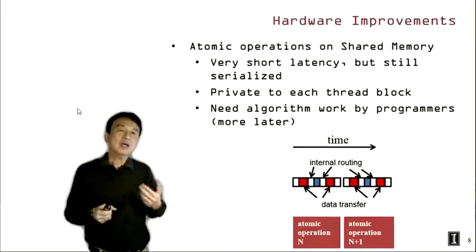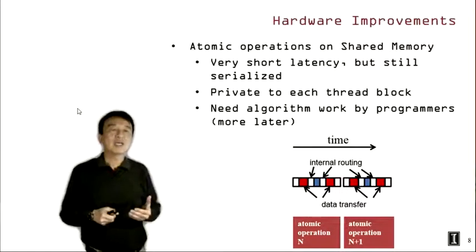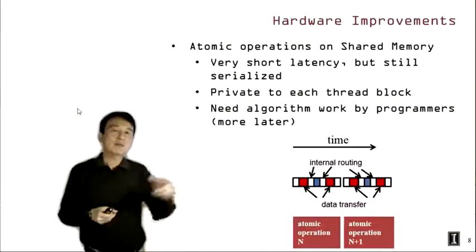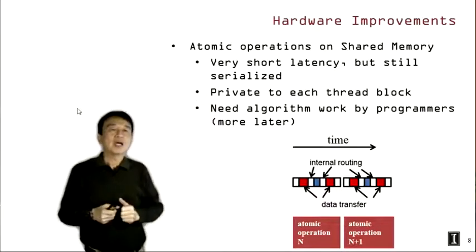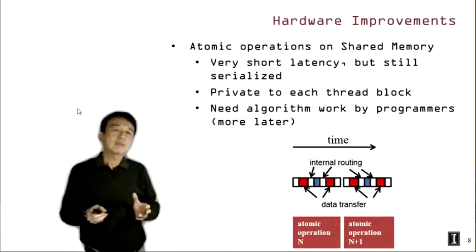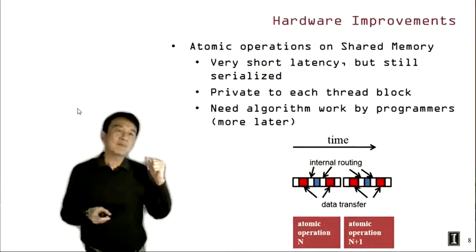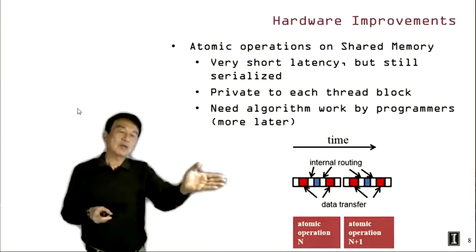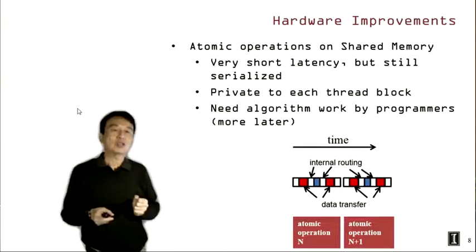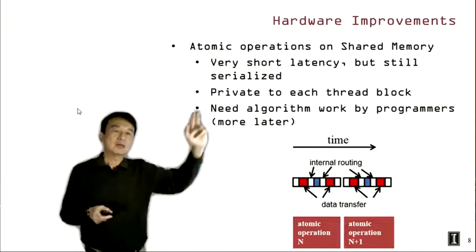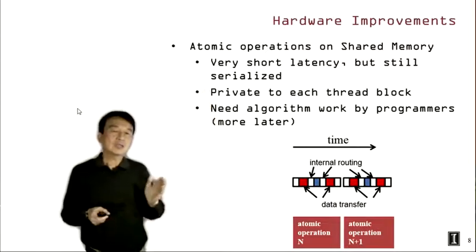There's another hardware improvement that has been in place even before the Fermi generation. That is, we can perform the atomic operations on the shared memory. The shared memory is extremely fast, much faster than the L2 cache. So by providing a pointer to a shared memory location to the atomic operation, we can perform a very fast atomic operation, mainly because the access to the shared memory is of very short latency.